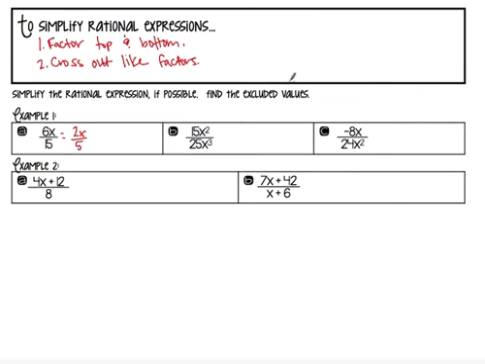Now when we talk about excluded values, that's something that's important with our rational expressions, because we have a fraction. Remember that we can never divide by 0. So remember that fractions can't divide by 0.